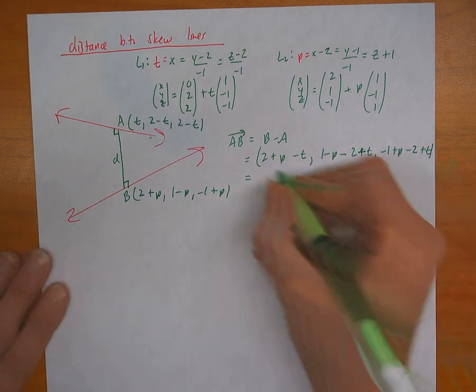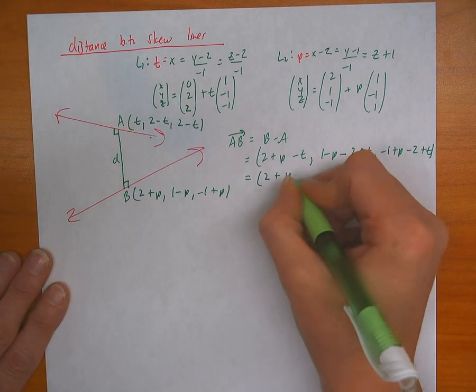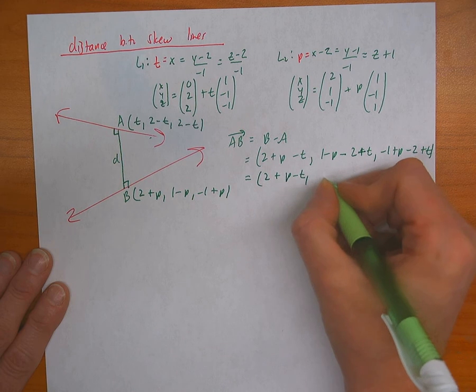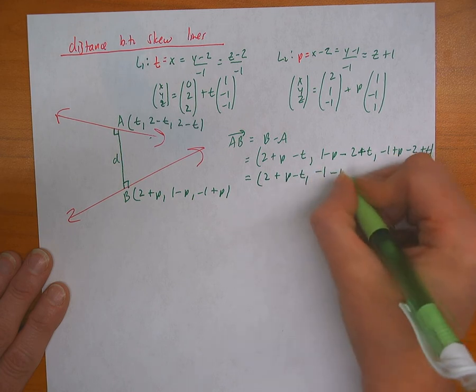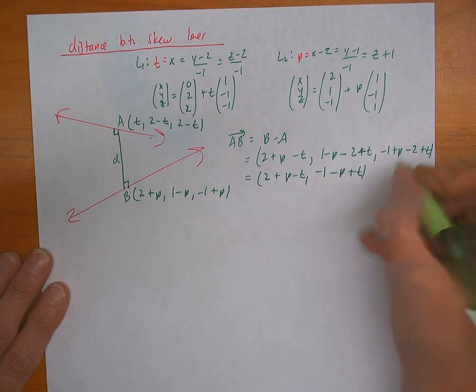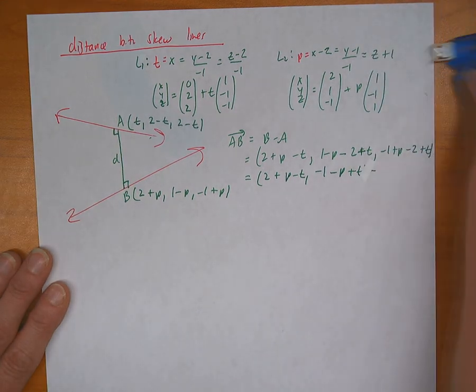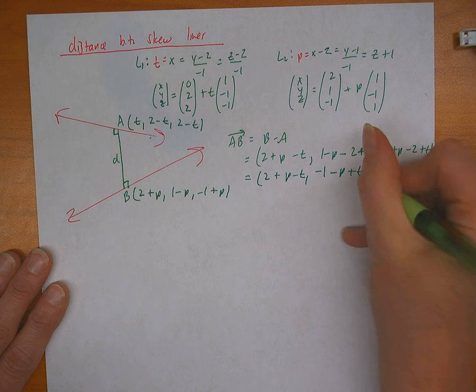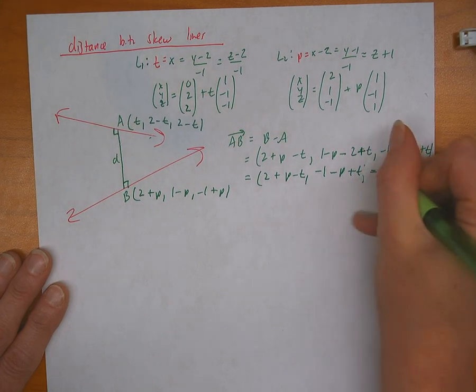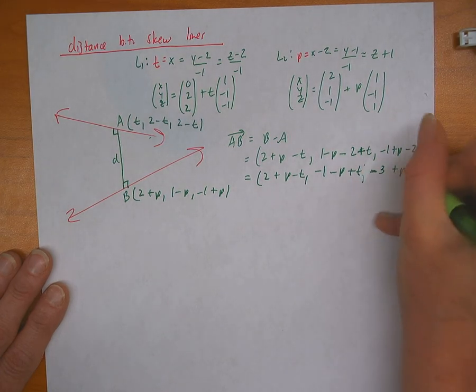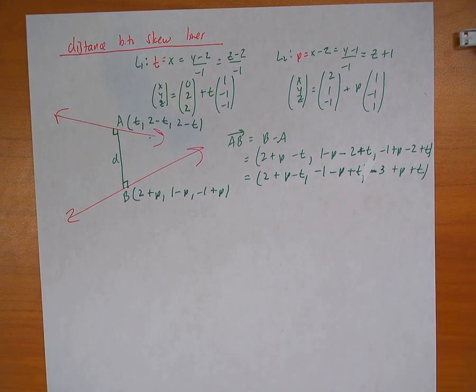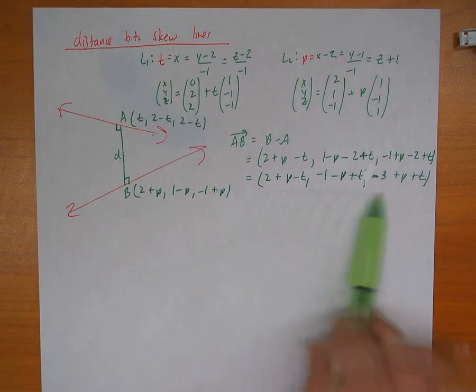And I'm going to simplify that a little bit. 2 plus t minus p, negative 1 minus p plus t, and negative 3 plus p plus t. So this is vector AB.